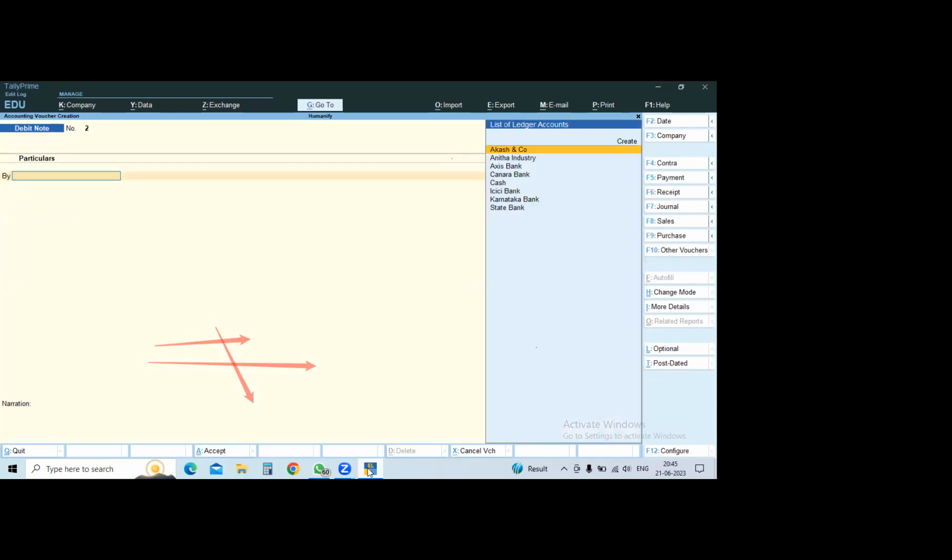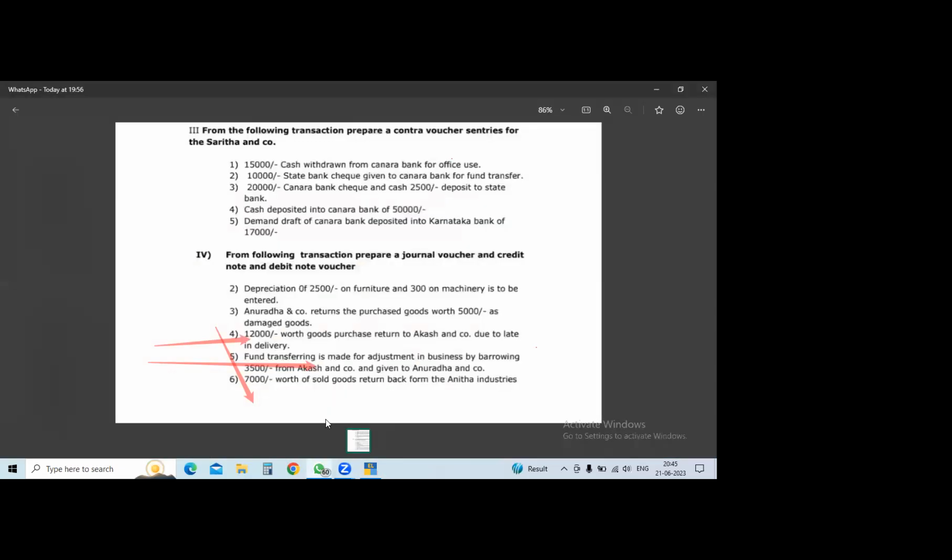That's all the types of the vouchers done so far. I will be sending you the questions. As much as possible, you all can try to do the maximum. Tomorrow's class, we will do the corrections of all the questions. The same way only you have to do, but you create a new company.